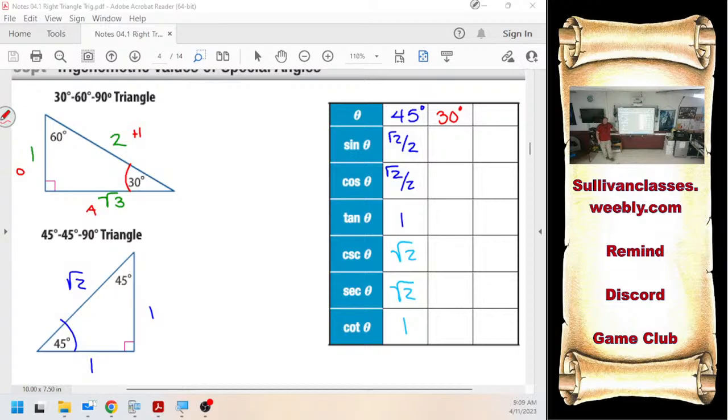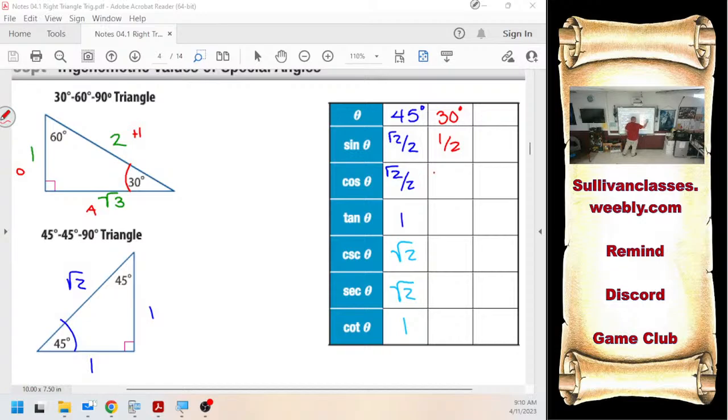Sine. Opposite over hypotenuse. 1/2. From the 30. That's why I always make a little mark or something to identify what angle I'm going from. Adjacent over hypotenuse for cosine.